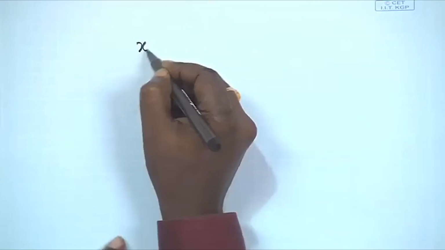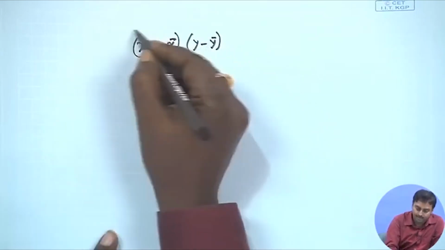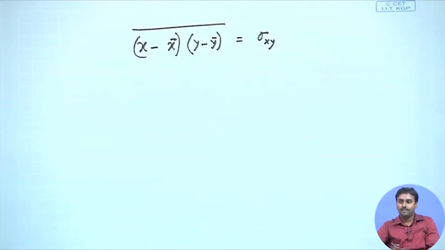Now, from there a new thing comes into picture. That particular thing we have got, x minus x bar into y minus y bar, we define that as a correlation between two variables x and y. So, we can immediately see if they are independent, the sigma x y will be 0, we call that then x and y are uncorrelated. So, independence means that they will be uncorrelated, but not vice versa. Okay.